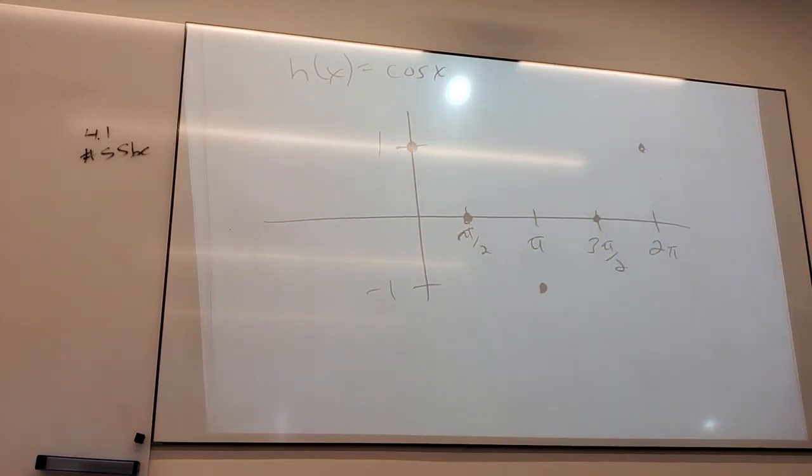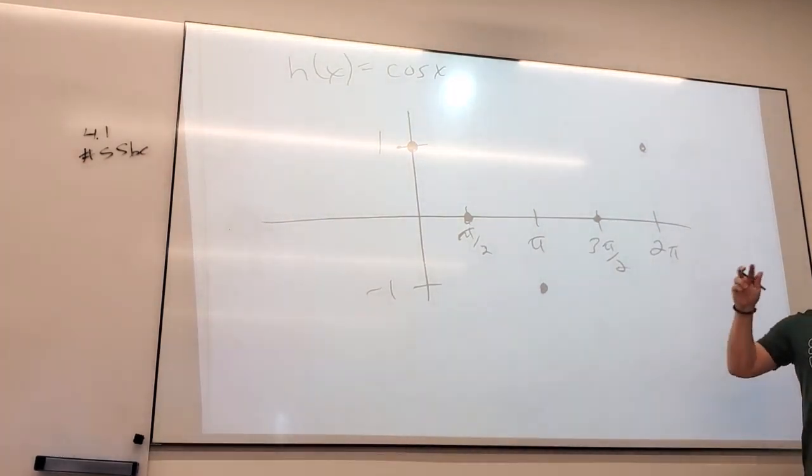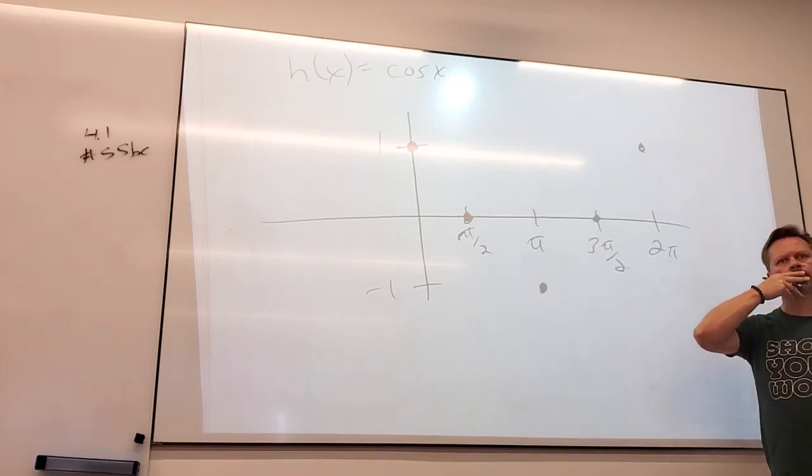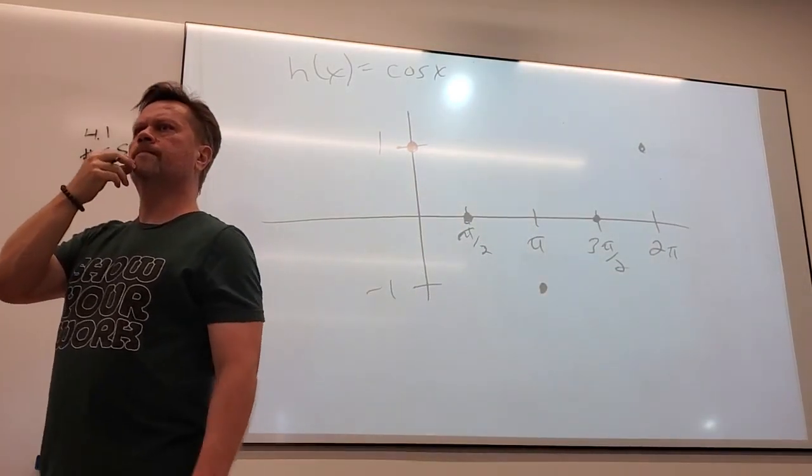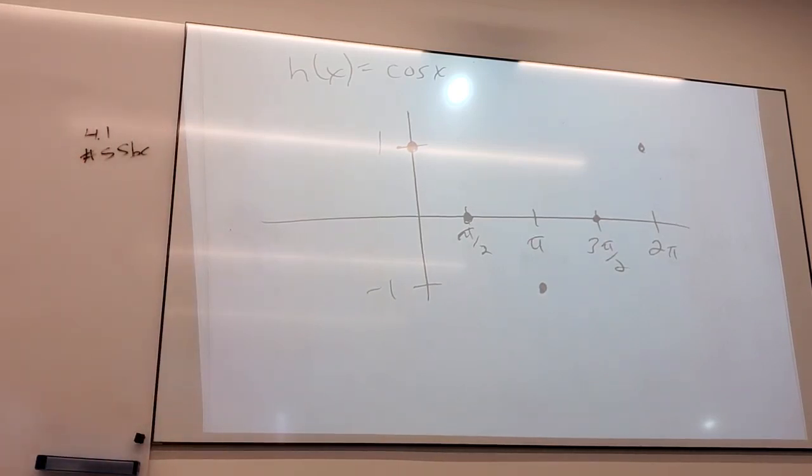Does anyone have any issues with what we just plotted? Yes? Would it be safe to say that for cosine of x, it really doesn't like pi, since it's wanting it to go backwards? Oh, I see what you mean. I don't think of it that way. I just think it's in that direction.